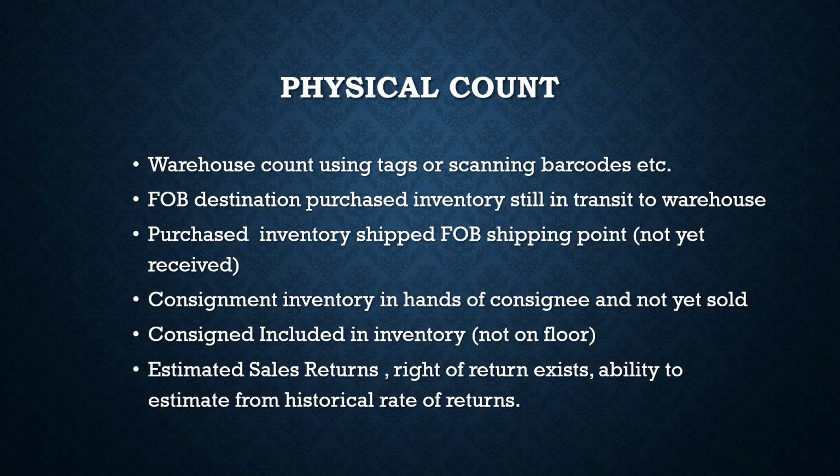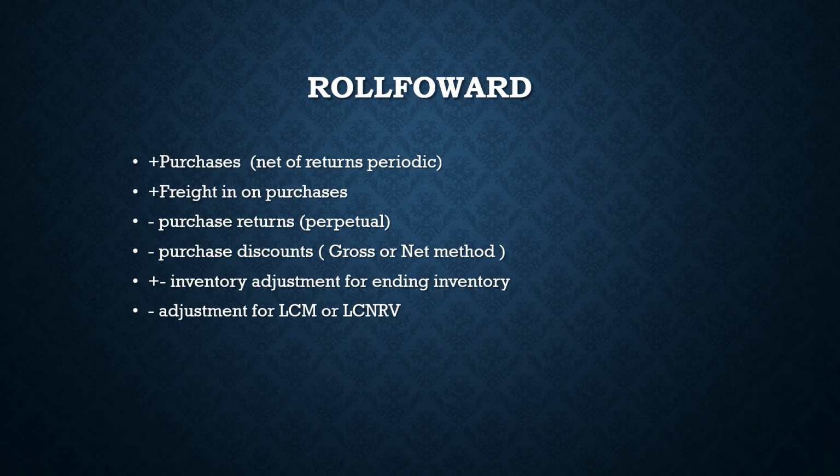All right, estimated sales returns. If you have a consistent sales return history and a right of return exists, you need to make an estimate from historical rates of return as to what the estimated sales returns are in inventory.